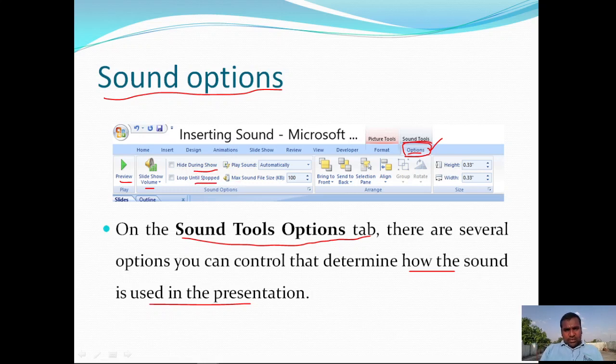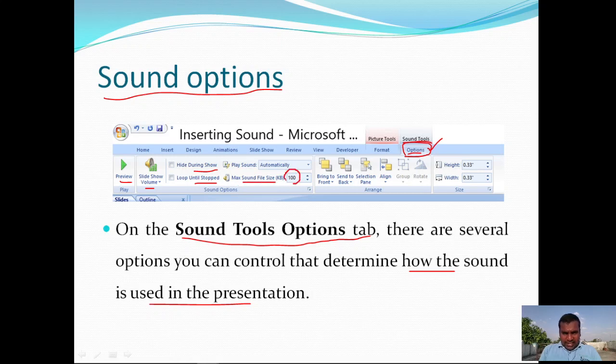Loop until stopped means if you choose this particular option, then until you stop the sound, it is going to be played continuously and repeatedly. Here is another command, max sound file size.